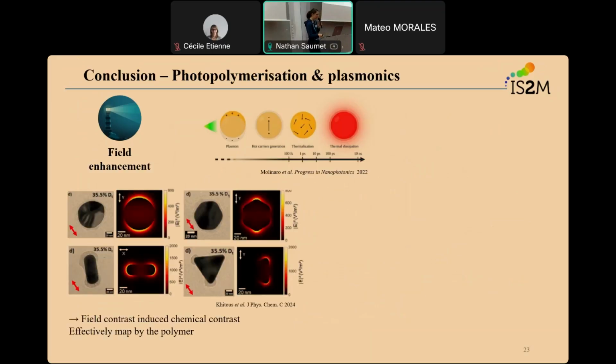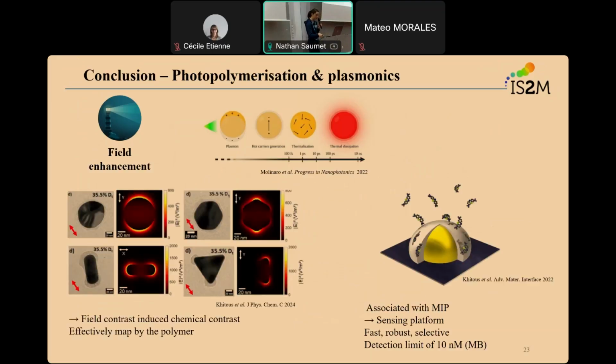So as a conclusion here for photopolymerization and plasmonics, we were able to graft polymers where the field is the highest, so here at the vicinity of the nanoparticles, where the plasmonic hotspots are. It's effectively mapped by the polymer for these two, for the rods and for the triangles.